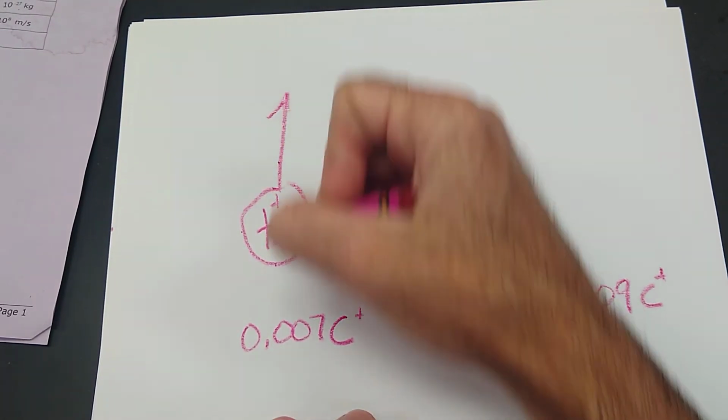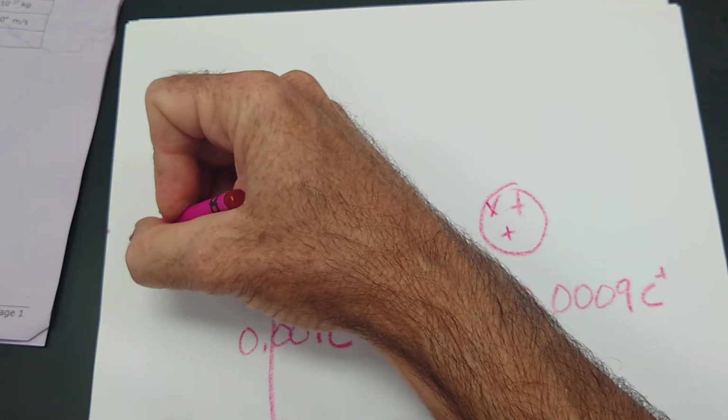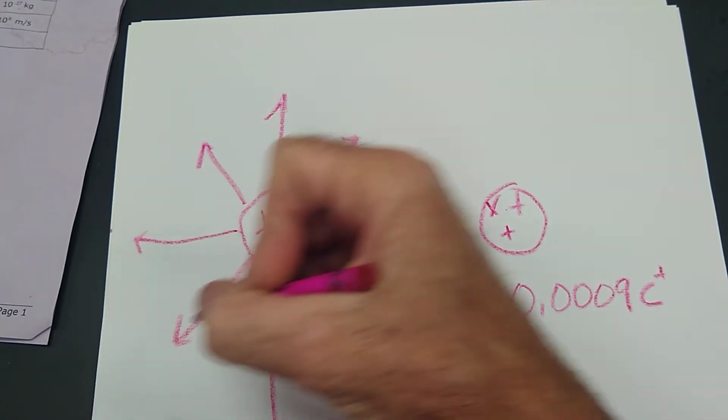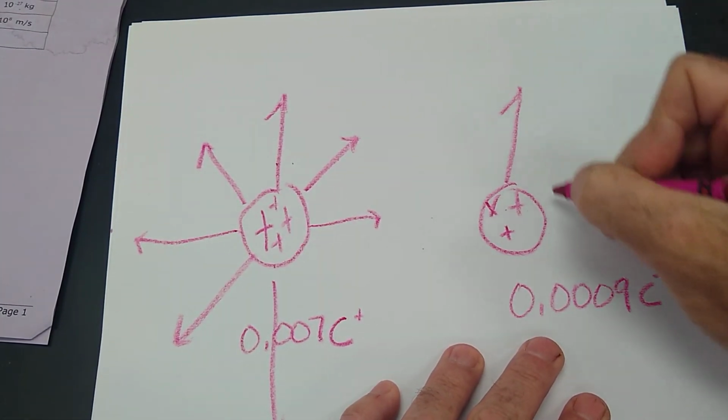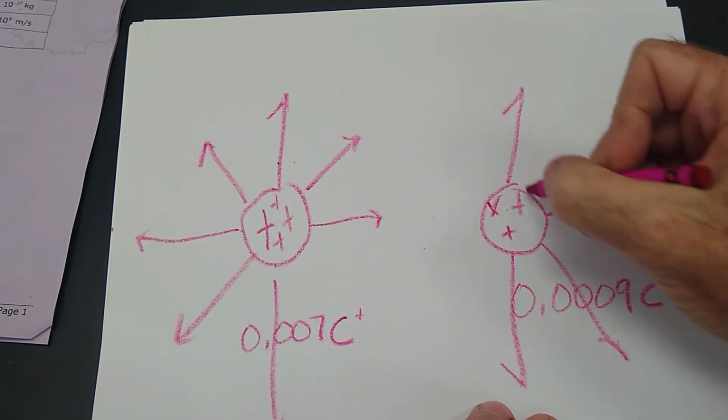Let's draw the electric field lines going out into space away from these guys. Now, if we're drawing electric field lines, which you will be asked to do, something should immediately occur to you.